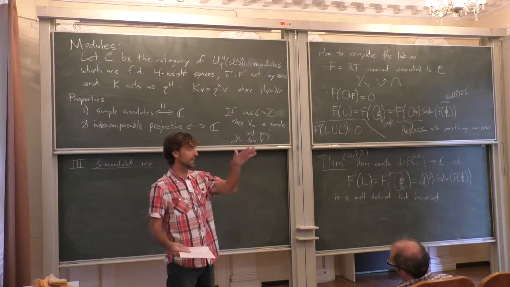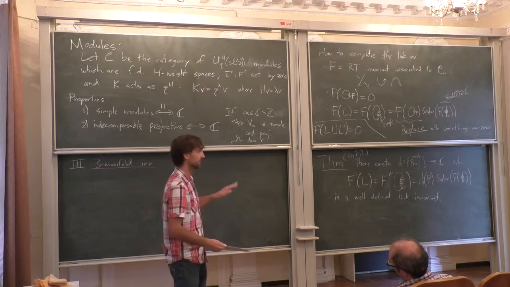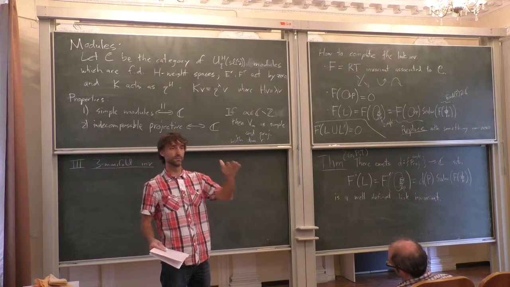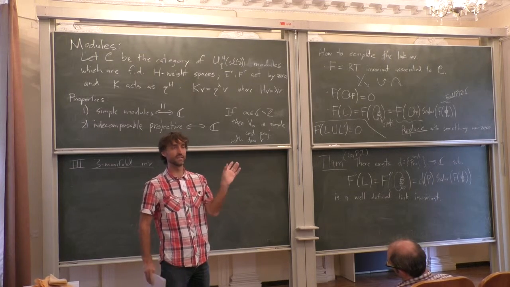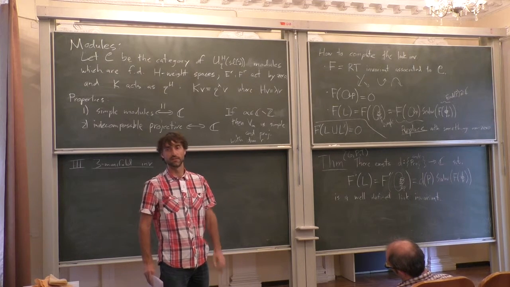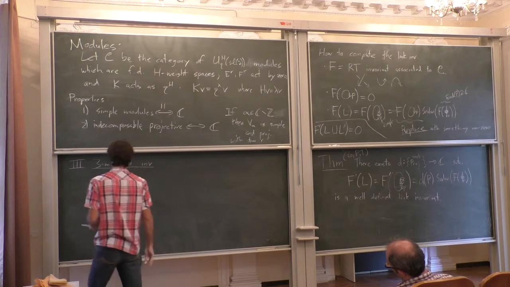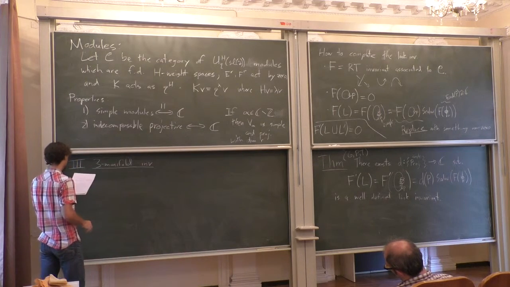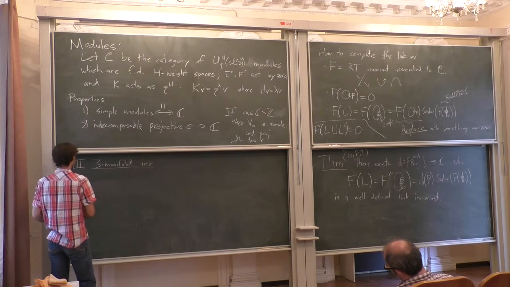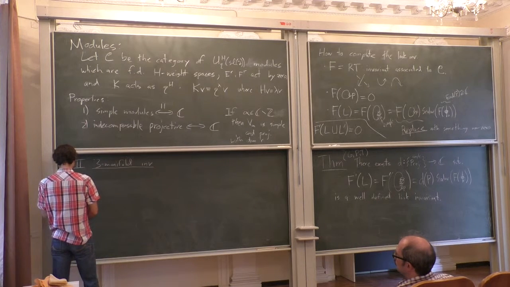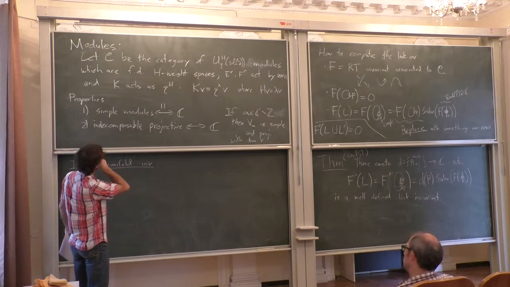Because I said they mod out by the projectives initially. When you mod out by the projectives to get a modular category, you only have a finite number of simple modules. So this is one of the first problems you have to deal with: the problem of a finite number of simple modules, but I'll explain this as we go. So the first thing you need is a Kirby color. So we have these modules here.